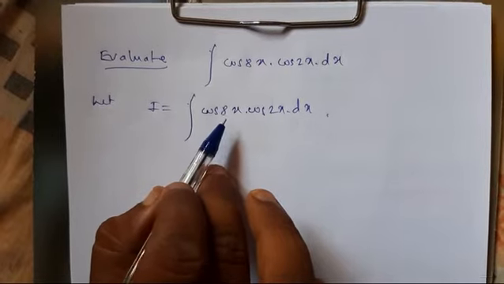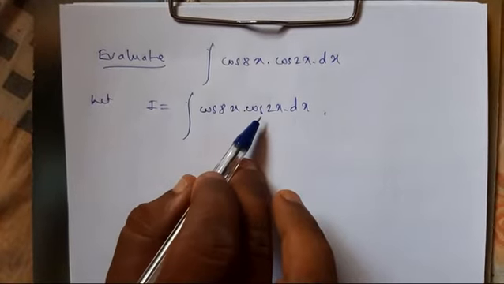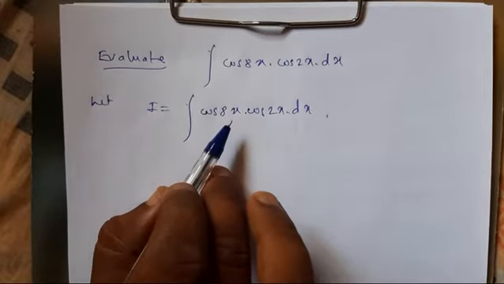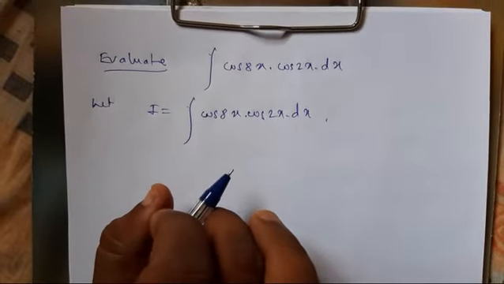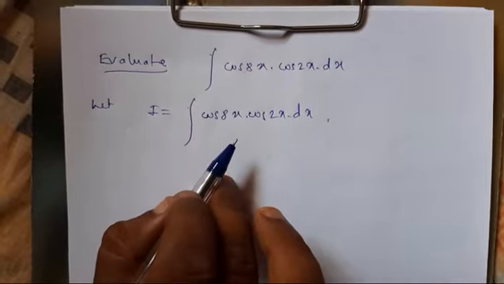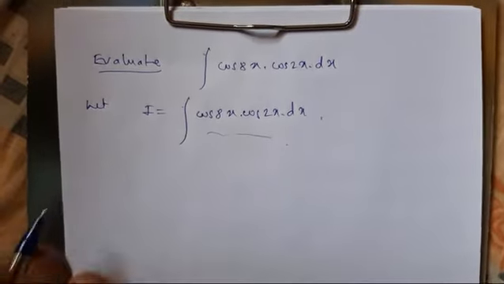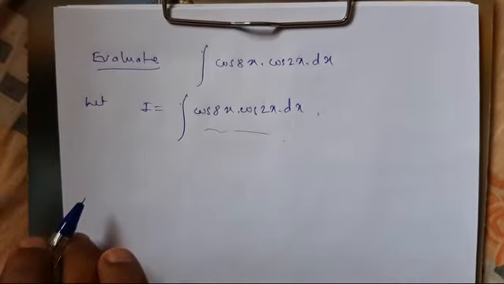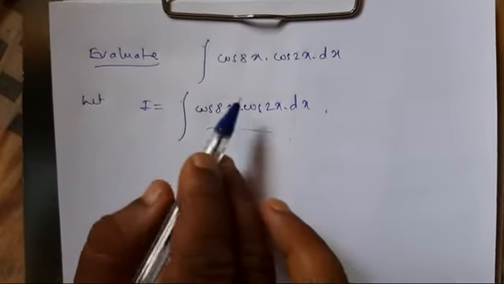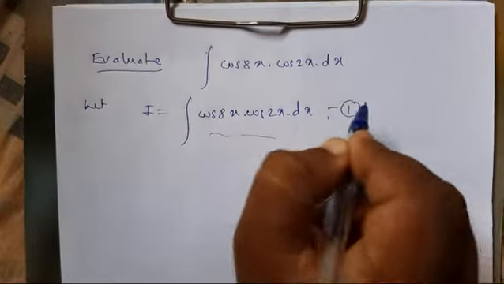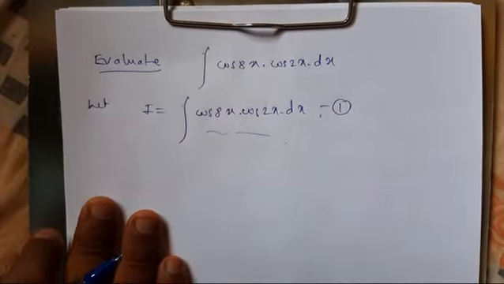if I consider the first one as the differentiable term and the second as the integrable term, cos becomes sin and sin becomes cos. The terms go on repeating. So I cannot apply the by parts method here. I will use the formula of trigonometric identities and split this into two terms. First I will consider this as equation number 1.